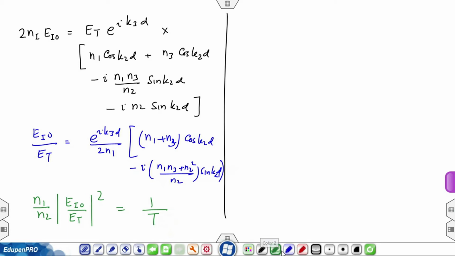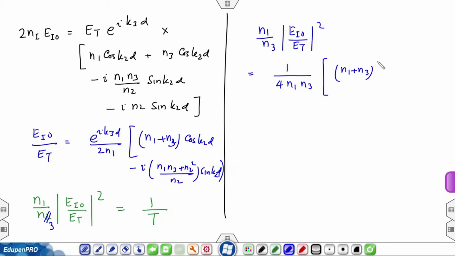So, this immediately gives you N1 over N3 mod EI0 over Et square as equal to e raised to I K3 D, whose mod is 1, so it will become 1 over 4N1 square times N1 N3, and inside I will have N1 plus N3 whole square cosine square K2 D plus N1N3 plus N2 square divided by N2 square sine square K2 D.